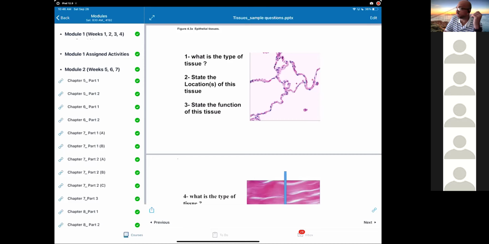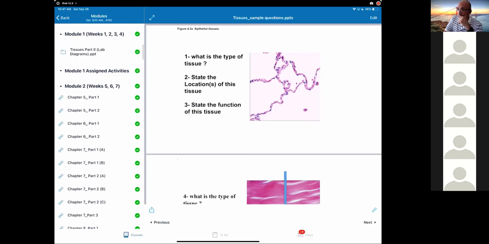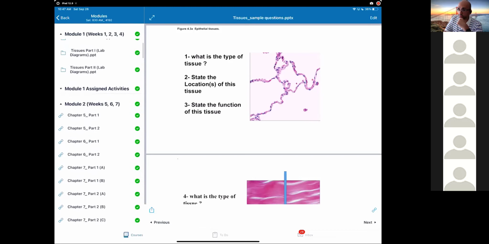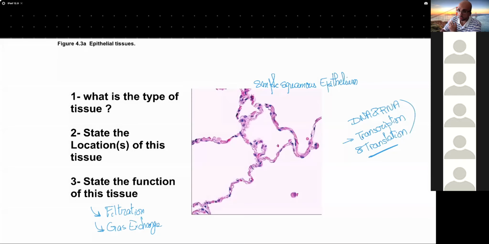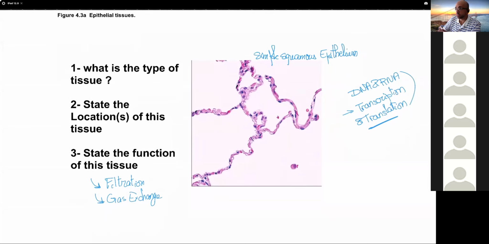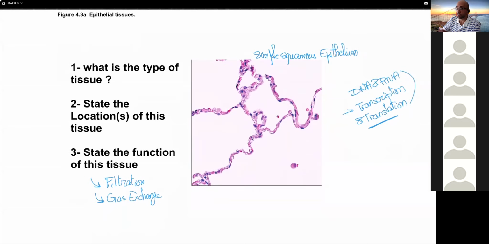So chapter 2 and chapter 5 for this week. What we are covering for our meeting next week are going to be chapter 2 and chapter 5. Chapter 5 is 2 parts, and chapter 2 is just going to be 1 part because the other part is covered by chapter 3.